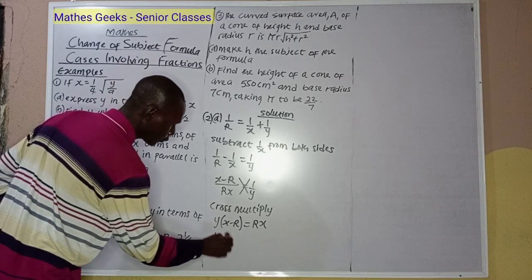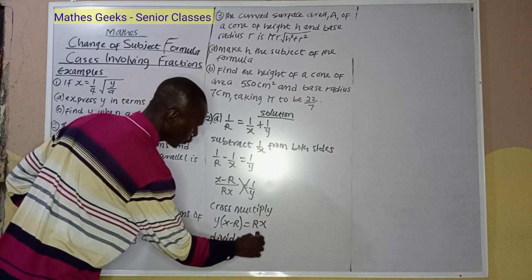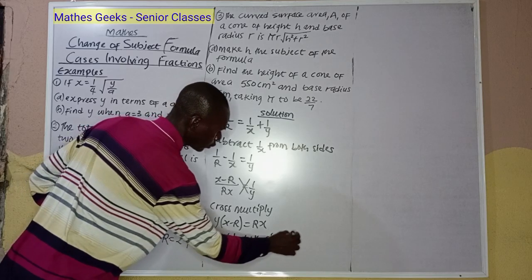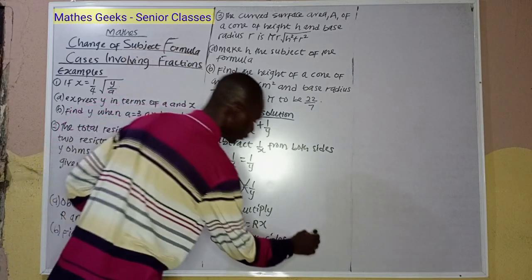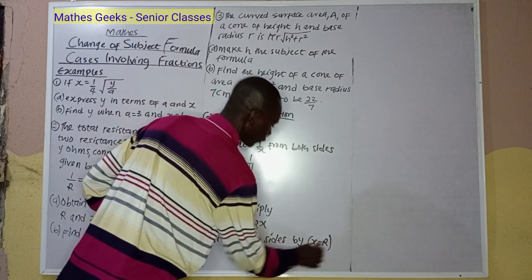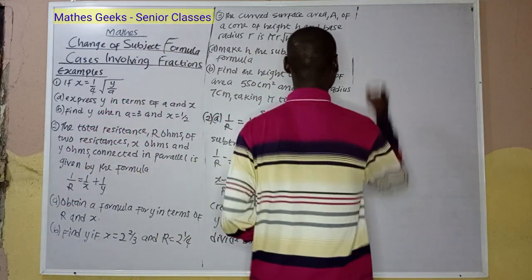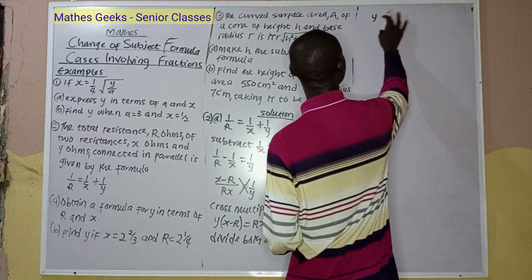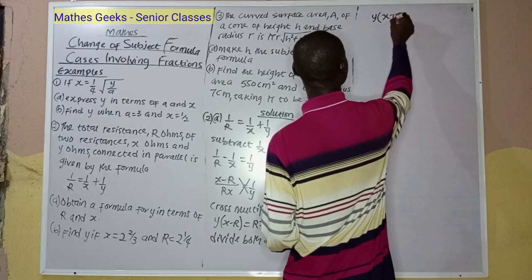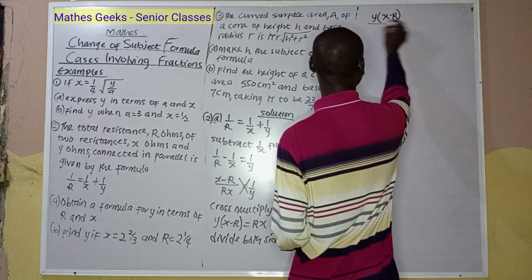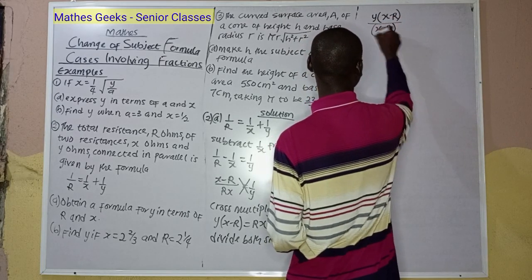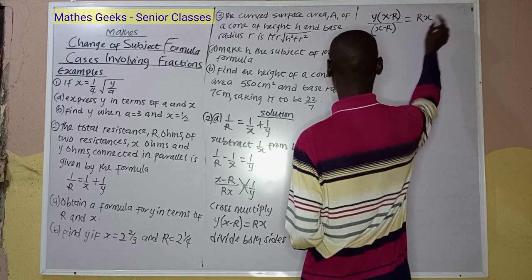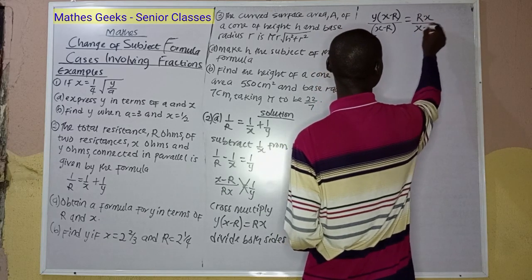So we say divide both sides by x minus r. So y times (x minus r) over x minus r is equal to rx over x minus r.